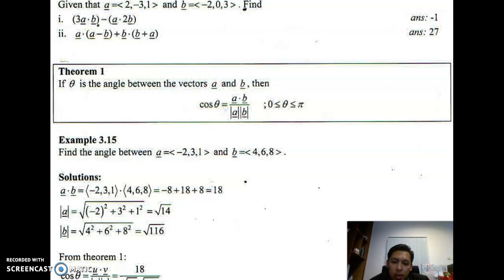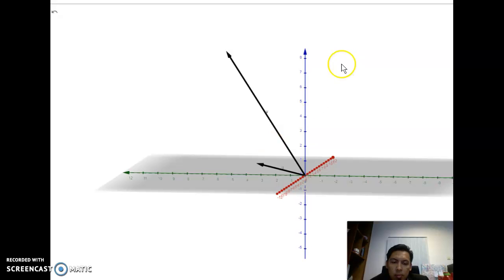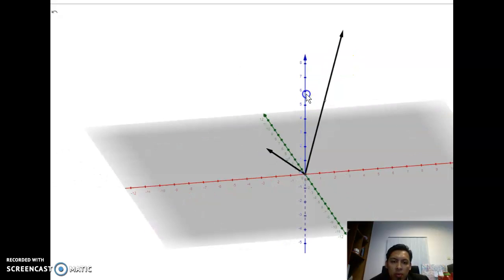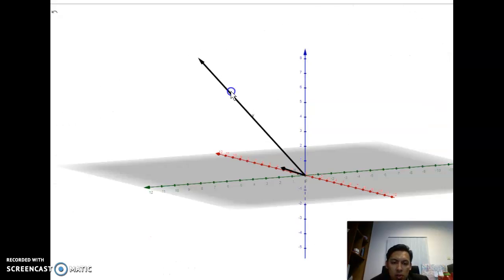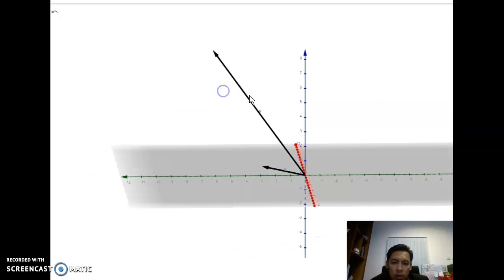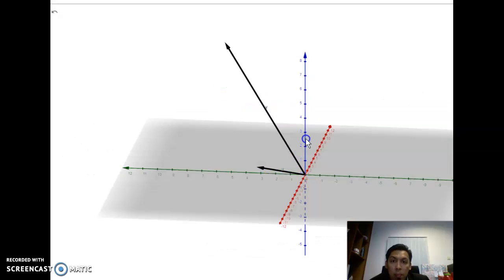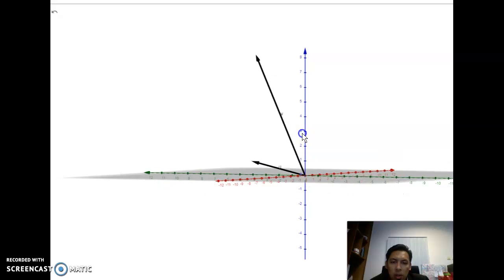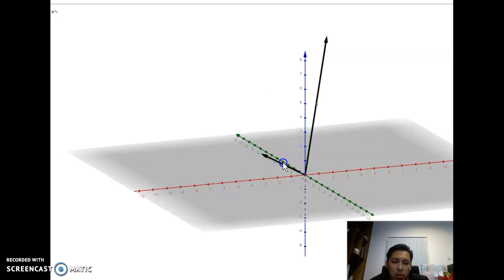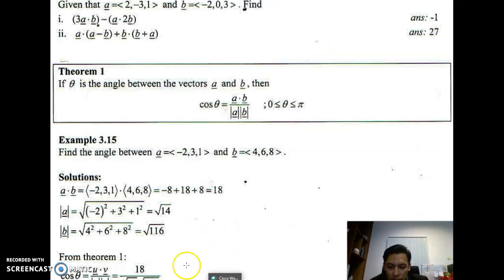For example, if you look at this, currently we have two vectors here, vector v and vector u. By using dot product as one of the components in that calculation, we're able to find out the angle between these two vectors. So let's proceed with the discussion.